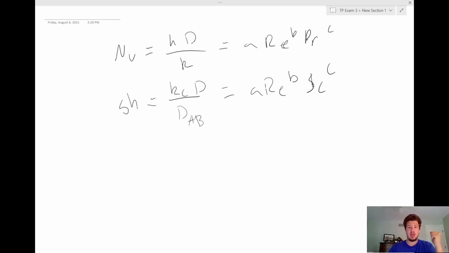In this case, for the mass transfer, we have the Schmidt number, and now the Prandtl number, which is equal to the velocity over the density multiplied by the thermal diffusivity.